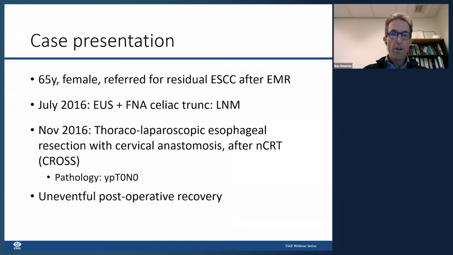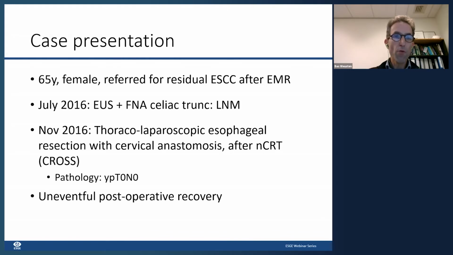Thank you, Jan. And I will start with a case. My case is a 65-year-old female patient who back in the days was referred for residual squamous cell cancer after an endoscopic resection performed in another hospital, which was not radical.